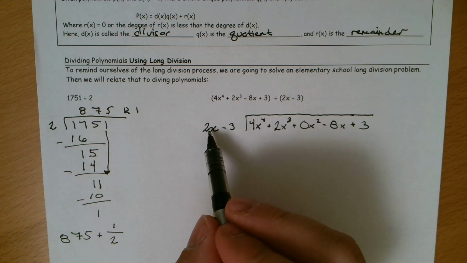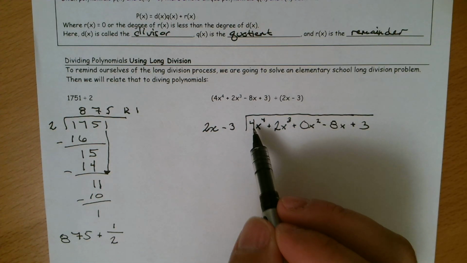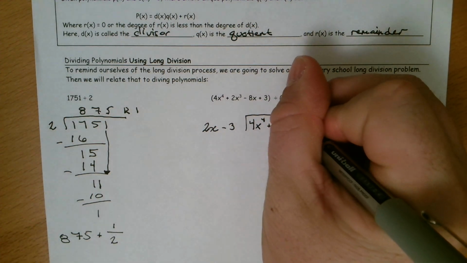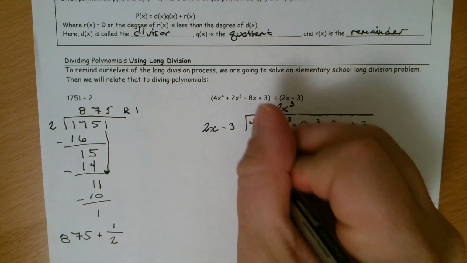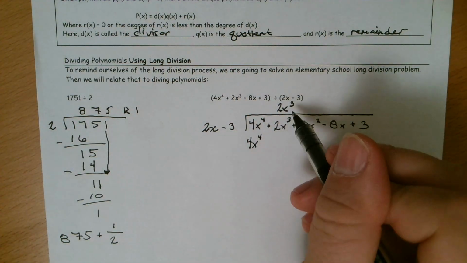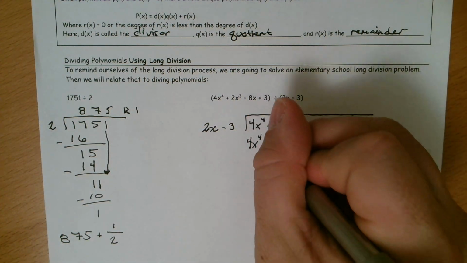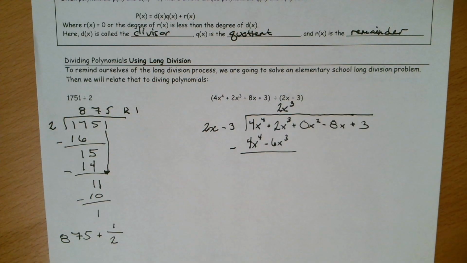So what do I need to multiply 2x by in order to get 4x to the 4th? Well, I need to multiply it by 2x cubed. 2x times 2x cubed is 4x to the 4th. And negative 3 times 2x cubed is negative 6x cubed. And we're going to subtract.